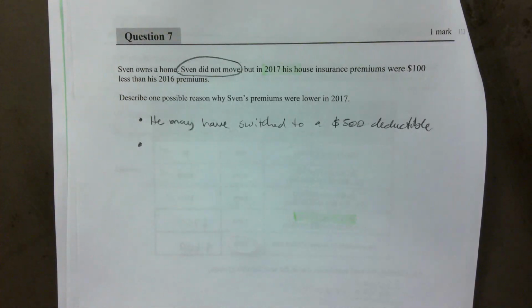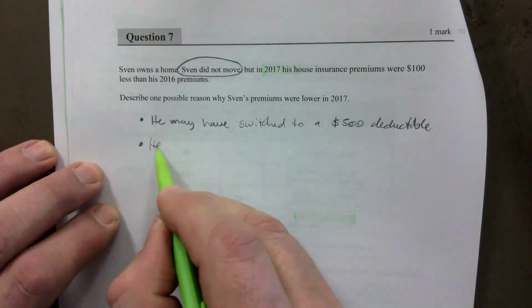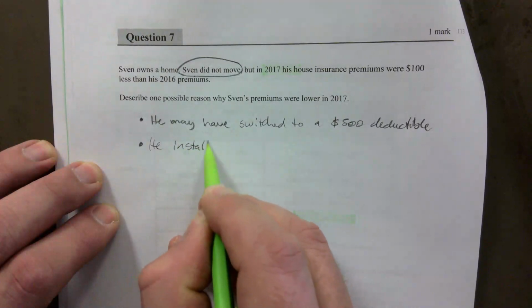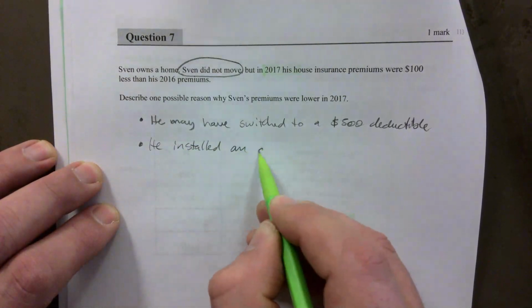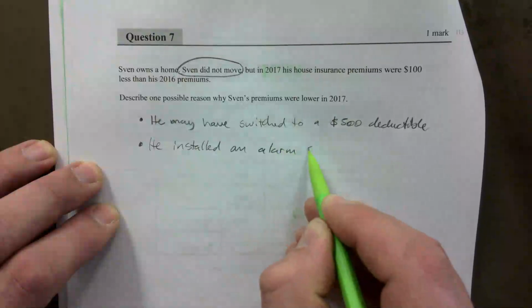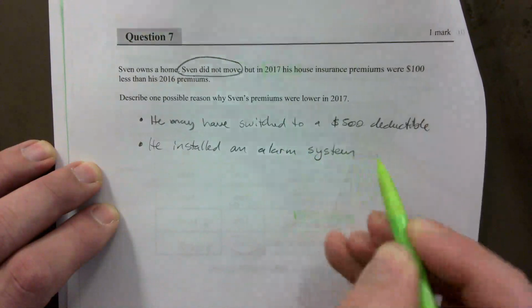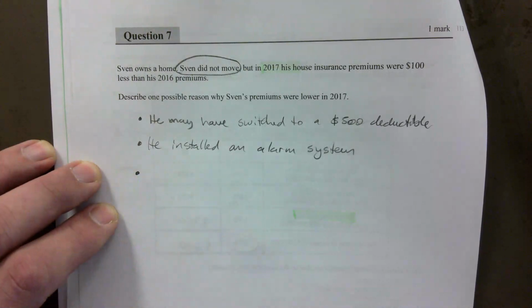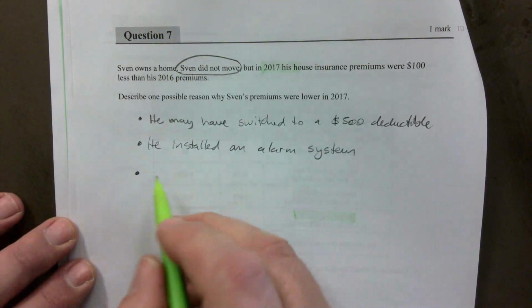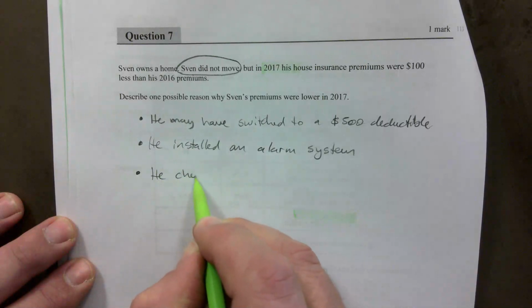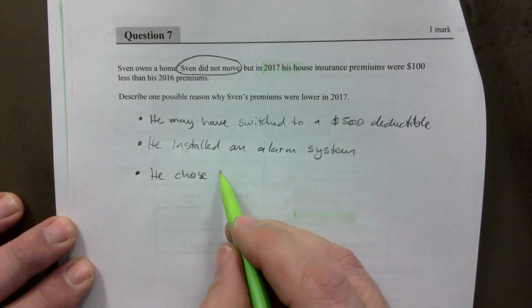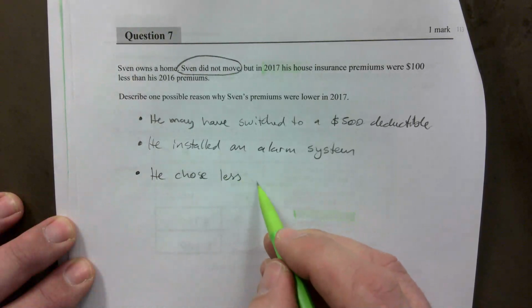That's why he saved. Maybe he installed an alarm system. Maybe he chose less flooding coverage.